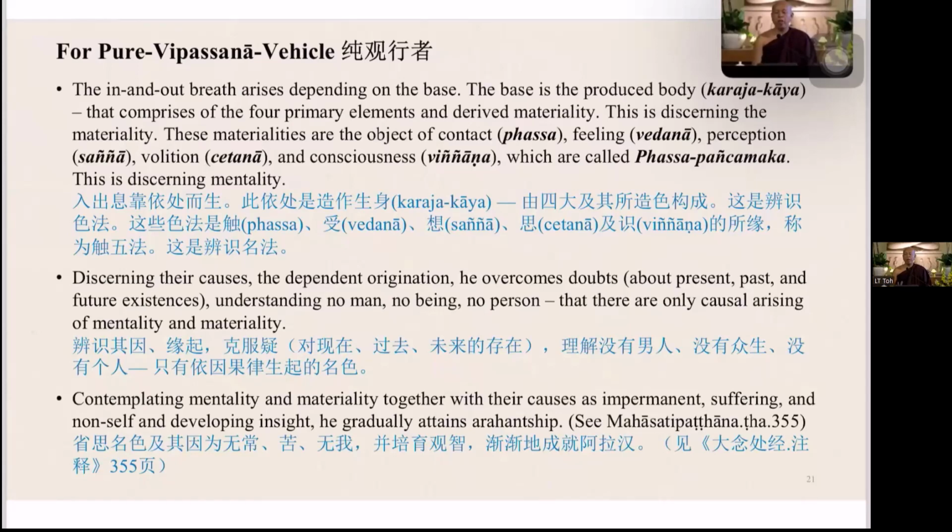We have five things: phassa, vedana, sanna, cetana, vinnana. These five are called phassa-pancamaka. That means if we count in reverse order from vinnana to phassa, right? That's why there's a five. That's why we just say phassa-pancamaka. This is discerning mentality.